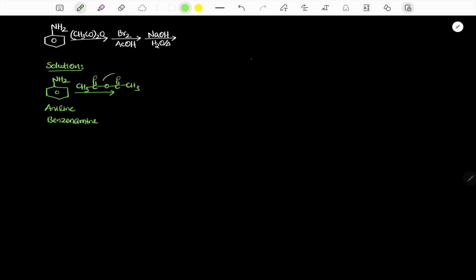Acetic anhydride has a leaving group part and it is a nucleophile. So nucleophilic substitution takes place. SN2 reaction takes place and the corresponding product is NH, C double bond O, CH3. So this reaction is N-acylation and the product is known as acetanilide.